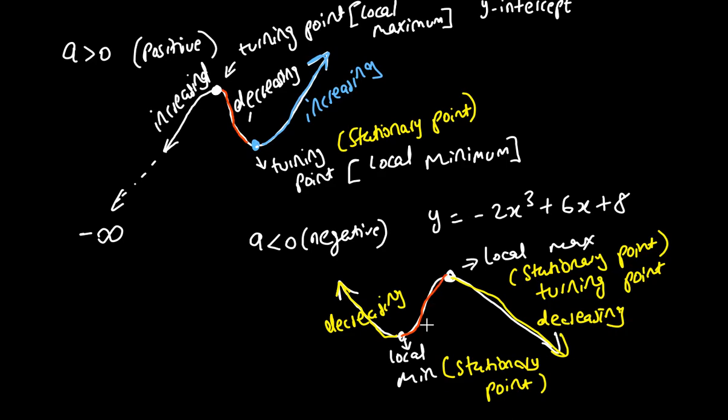So it decreases first and then it increases and then it decreases again when a is less than 0 or negative. But if your a is positive, the graph will increase first and then decrease and then increase again. All right, so that is what we have there.